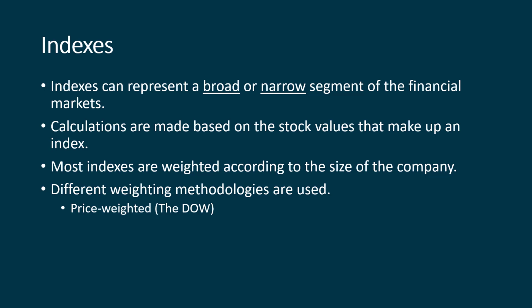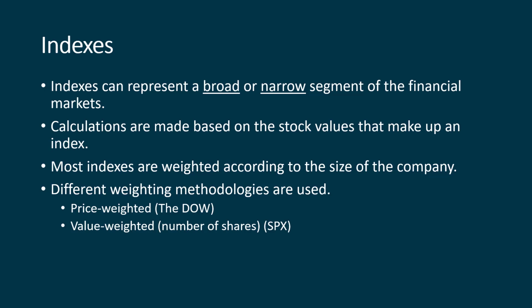You might have 29 out of the 30 stocks up, but a really big stock like Apple or Microsoft may be having a bad day, and their influence on how the index is calculated is so much that the Dow may actually be down. So it can produce a real skewing effect. There are other value-weighted indexes, and this is the S&P 500. Look at this as the number of shares. So those companies that have the most number of shares carry the most amount of weight in the index.